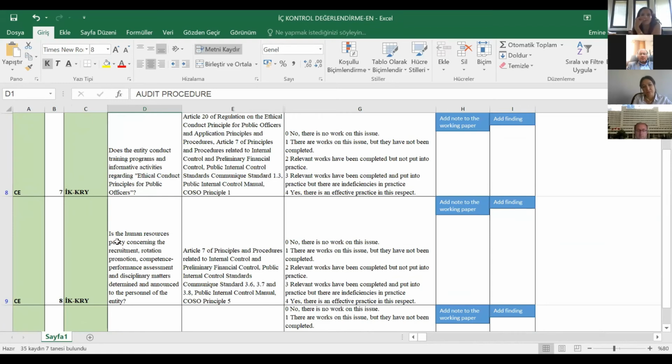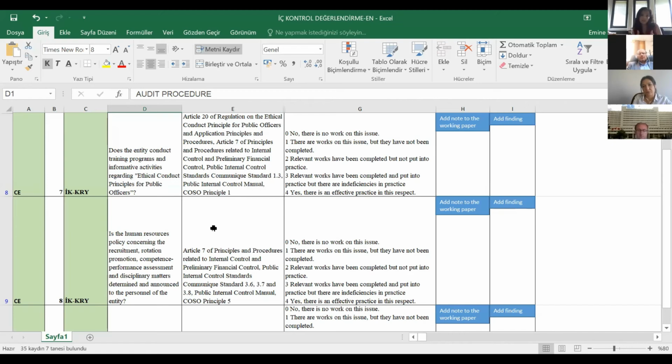As you might see, this is not related to the financial objective and the reporting objective. It can be subject to the compliance objective, but mostly it is related to operational objectives. So that's why I'm saying that the internal control system is bigger than the reporting objectives, the reporting function.